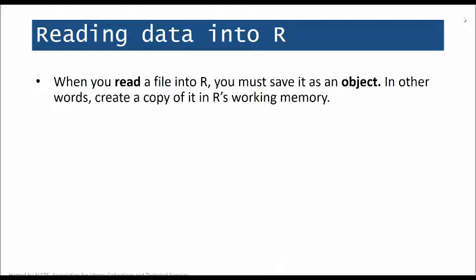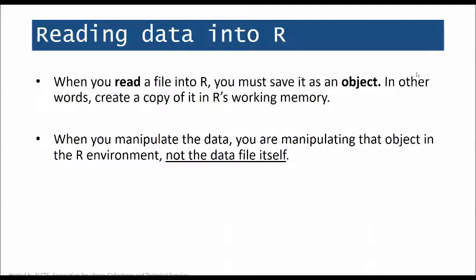All right, so let's talk about reading data into R. I talked about this last time. When you read a data file into R, you're not actually manipulating that data file. What you're doing is creating an object that is stored in the working memory of your computer in a format that R can understand, and you're manipulating that object.